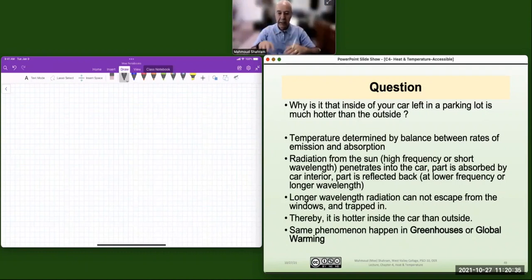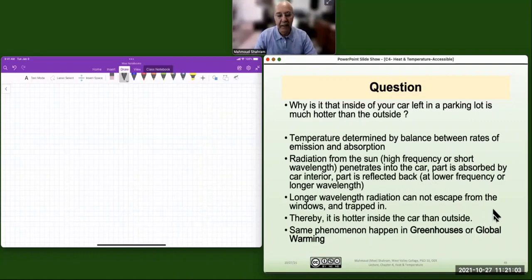When it's inside, it gets reflected from all surfaces. But whenever that happens, its wavelength increases, so it cannot go back out. It gets trapped in there. And then you have a warmer inside the greenhouse, so the plants and vegetables can grow even during the winter.